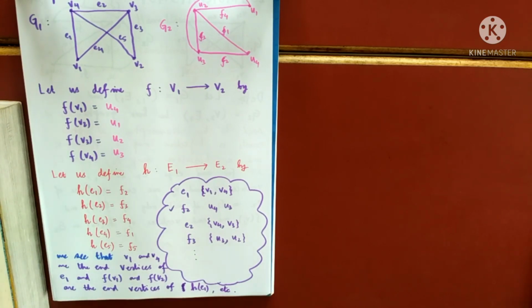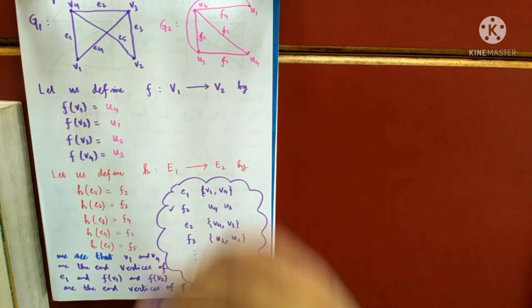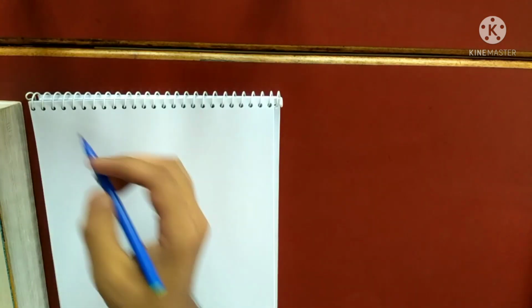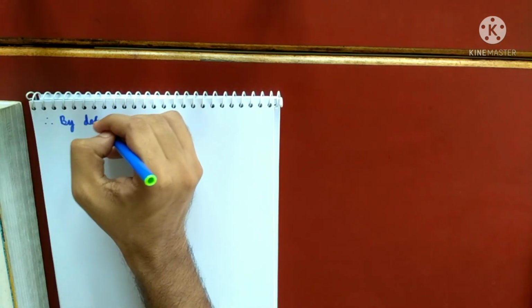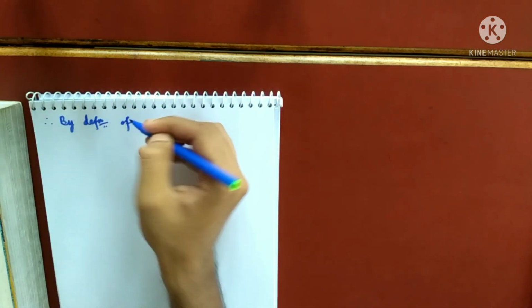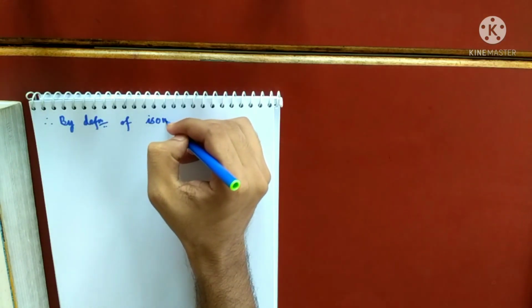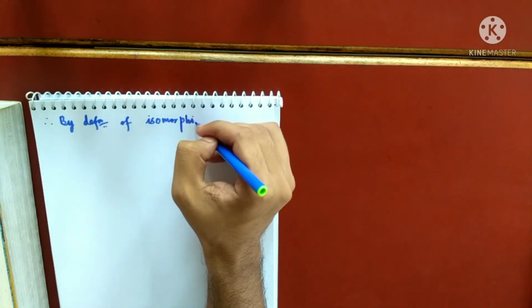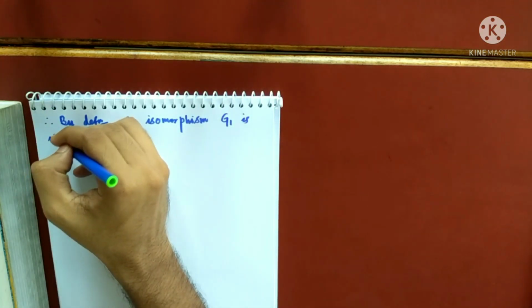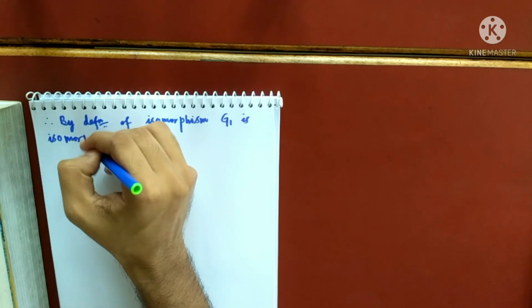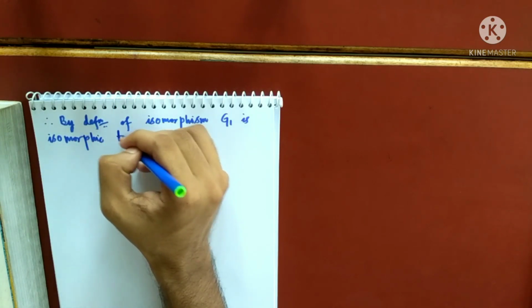You may write all of these. You have to write for every possible edge, by the way. That is the reason I wrote etc. Therefore, by definition of isomorphism, G1 is isomorphic to G2.